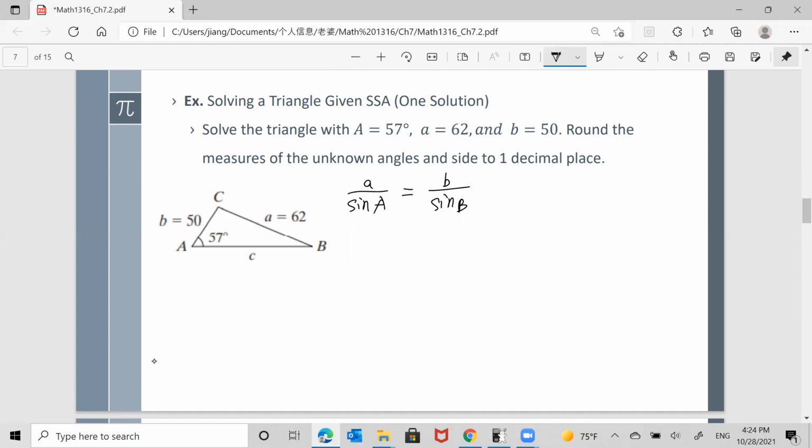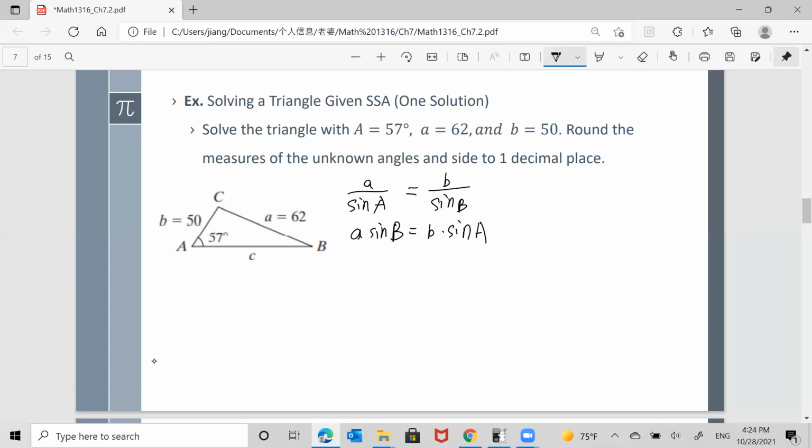So do the cross multiplication. So a times sine B, b times sine A. We can do this. That means a times sine B equals b times sine A. Sorry, sine B. Here is sine B, cross multiplication.